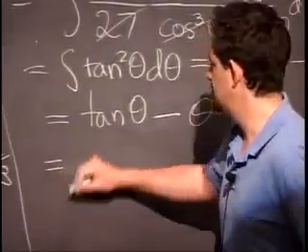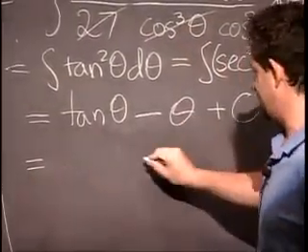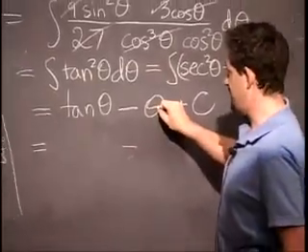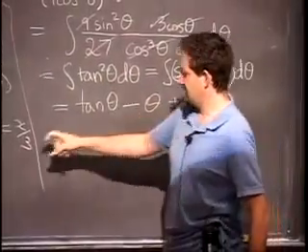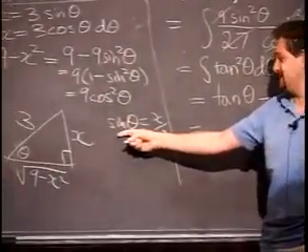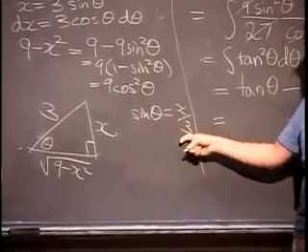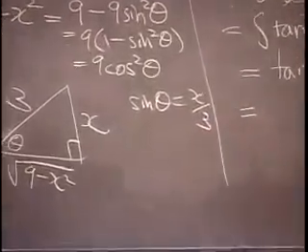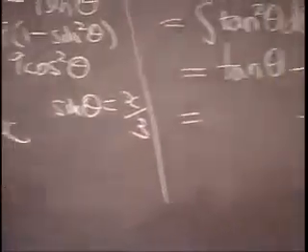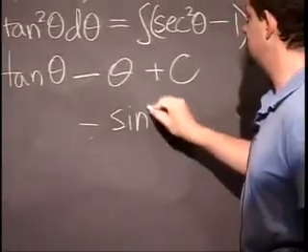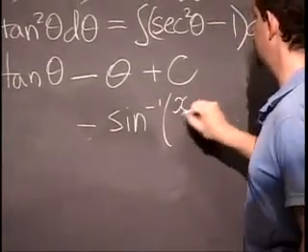Now, let's leave the first term. Theta, if you come over here, you see sine theta is x over 3. So the best you can really do with theta is to say this is inverse sine of x over 3.